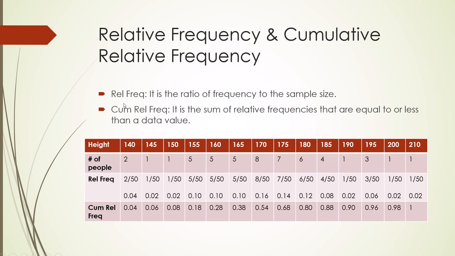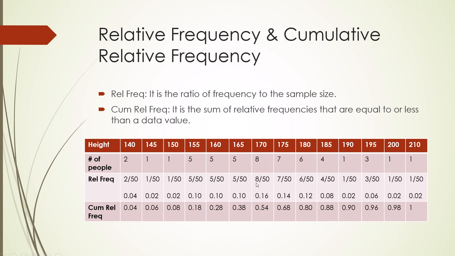There are other terms covered in chapter 2, which are relative frequency and cumulative relative frequency. Relative frequency is simply the ratio of frequency to the sample size. For instance, let's look at the number of people with height 170. It was 8.